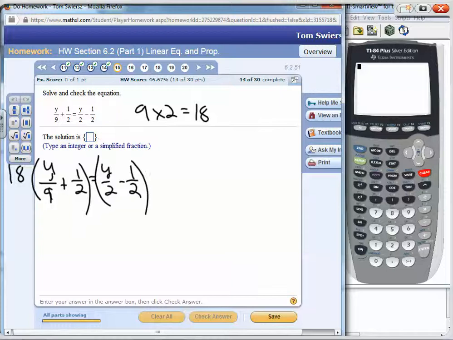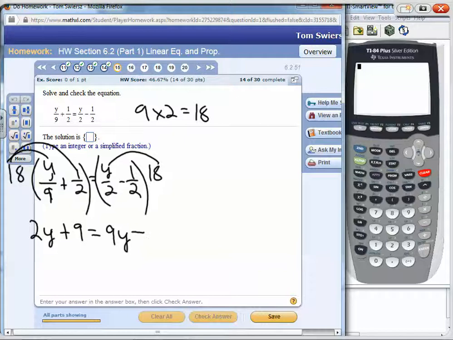So we're going to multiply every fraction on both sides by 18. 18y, 18 divided by 9 is 2, right? And with the y, 18 divided by 2, 2's in the denominator, is 9, right? Just a 9, there was no y there. On this side, 18 divided by 2 is 9 times the y.